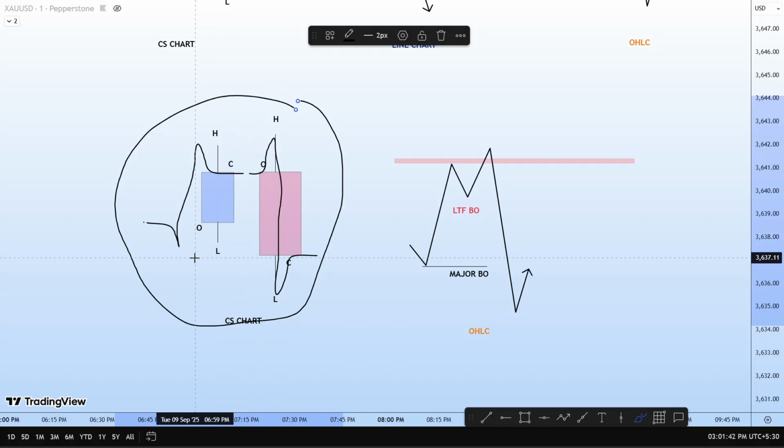So what is happening? We could see that there was a low over here that held price and pushed price higher, and even did a small breakout to the upside, and there was a major low, this low, that held the price for a longer period of time.